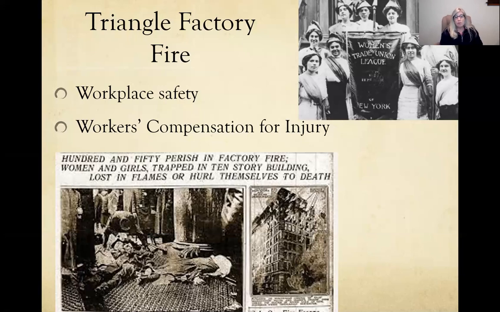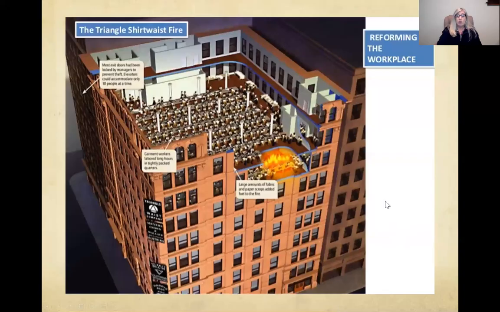There's also a new provision for workers' compensation. If you are injured on the job because your employer is negligent in some way, you are entitled to workers' compensation for your injury. So all of that, again, came about as a result of the Triangle Factory fire. All right, so here's showing the arrangement here.